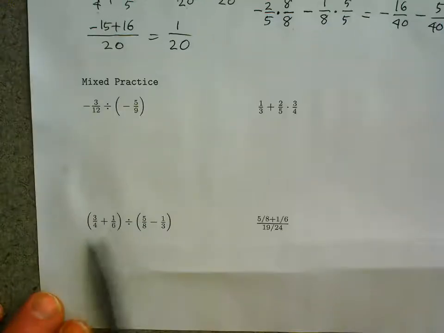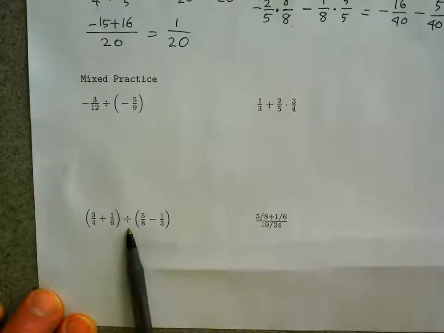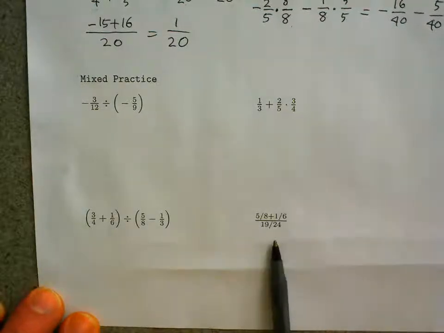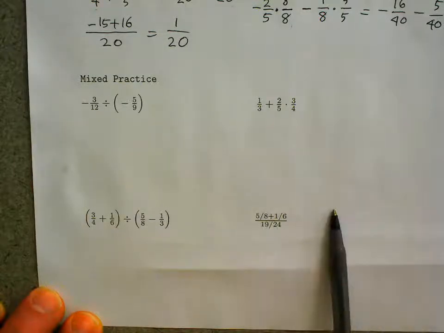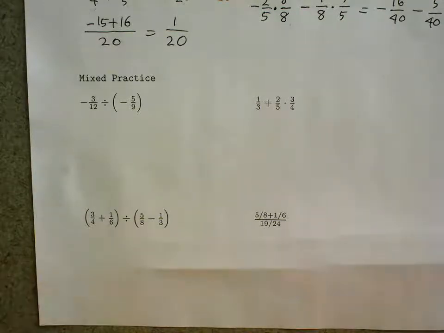For this one, we have to simplify what's inside each set of parentheses before we divide. And on this one, we have to simplify the numerator by adding the 2 fractions in the numerator. And then after that, we divide by the fraction 19/24. But let's go ahead and move on to the next section, section 2.1, part B.